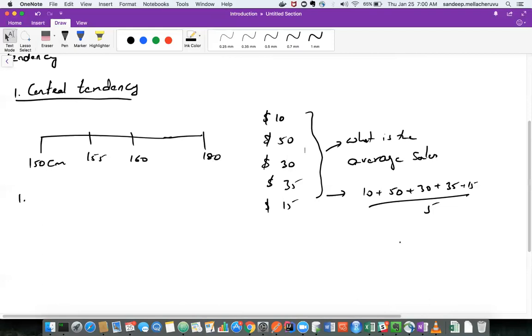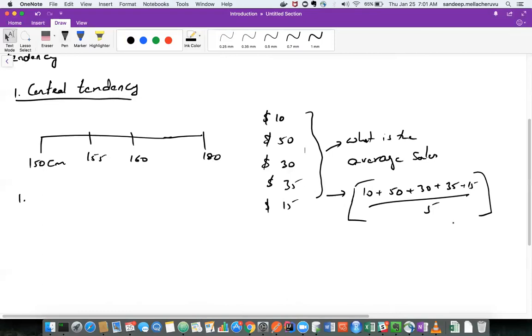But if you look at only one average, it can mean that it is representing the entire sample or entire data, right? We are actually seeing the entire data in one value. So to summarize the data, we can use that.